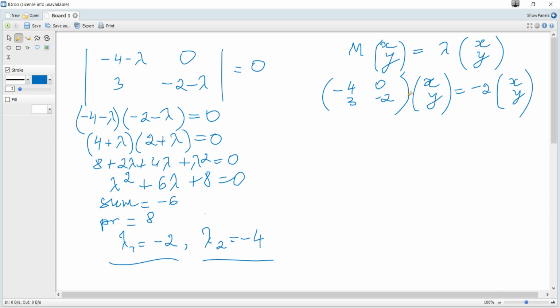It's just multiplication: this by this plus this by this. So it becomes negative 4x plus 0y is negative 2x, and the second row, 3x plus negative 2y is negative 2y.